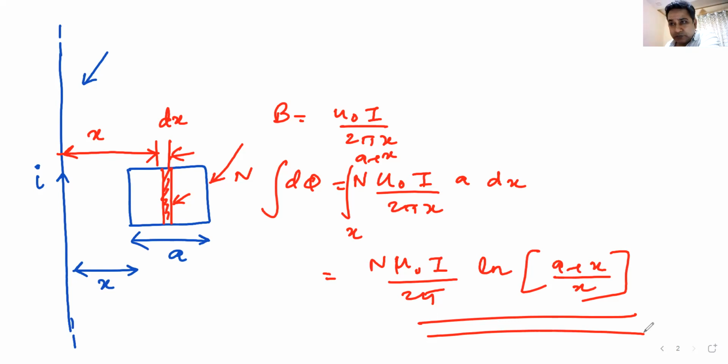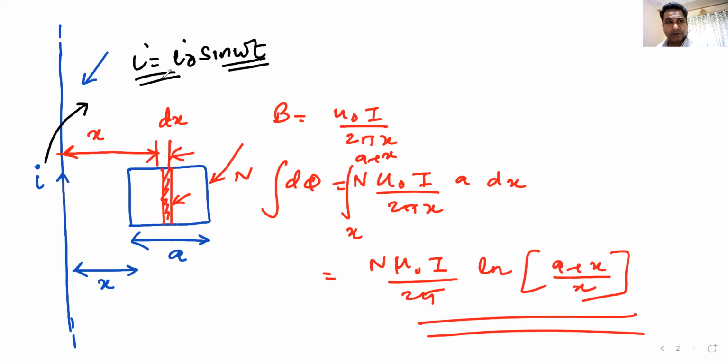Now there could be a question where they vary this current with time. They can give I as I naught sine omega t, and then they ask you what is the EMF induced in this coil. How do you do it?